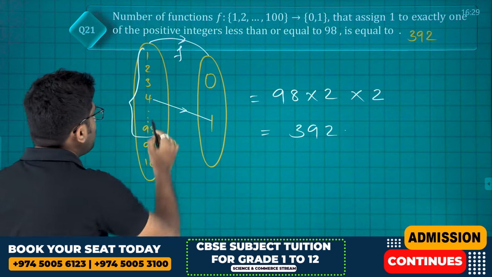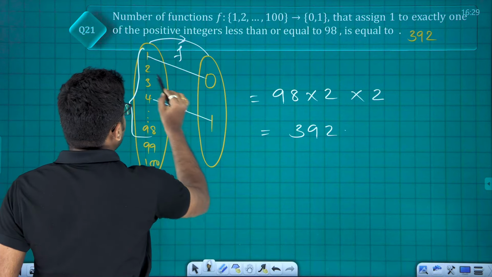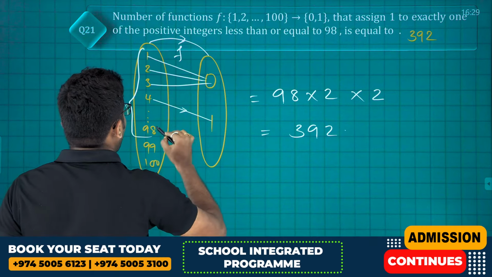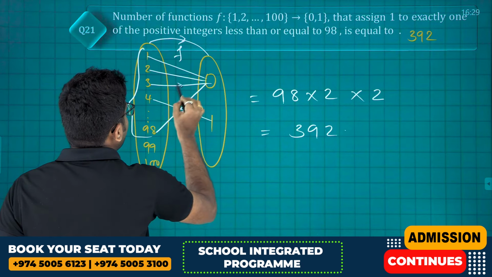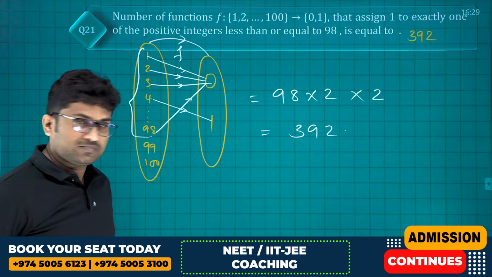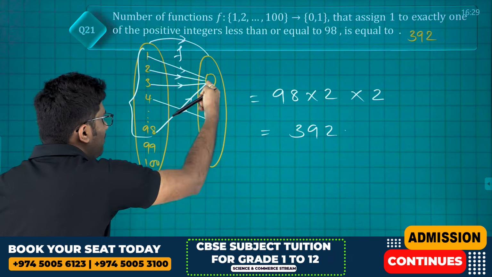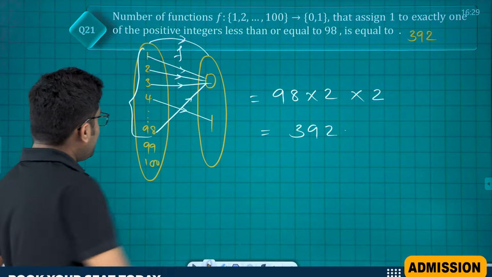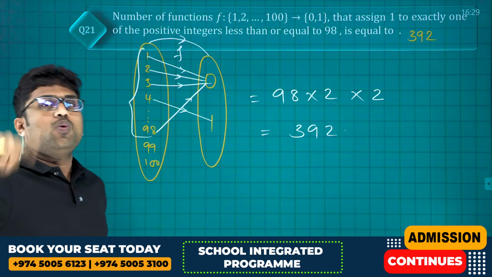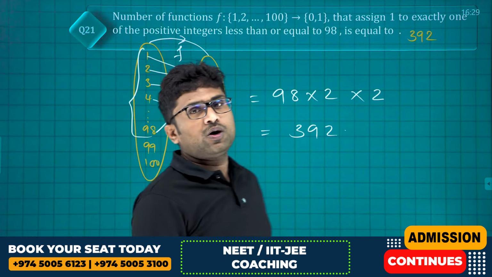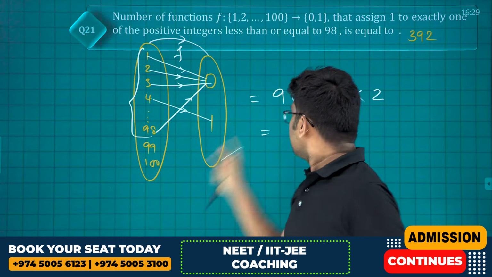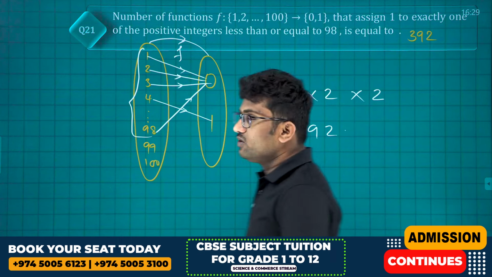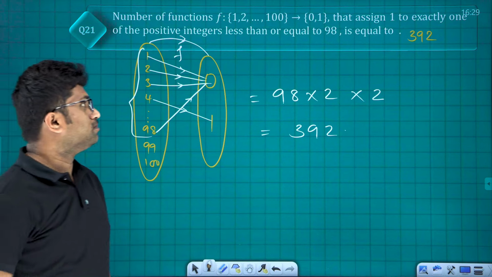All the remaining numbers will be mapped with 0, only one way. And 99 can map with either 0 or 1, 2 ways. 100 can map with either 0 or 1. So as 4 mapped to 1, 1 can map to 1, 2 can map to 1, there will be 98 cases. 98 into 2 into 2, which is equal to 392.